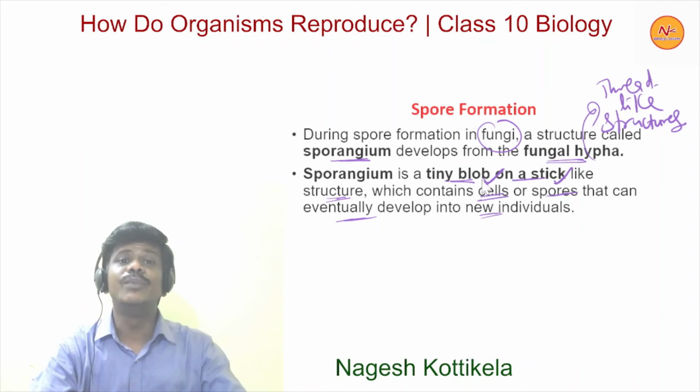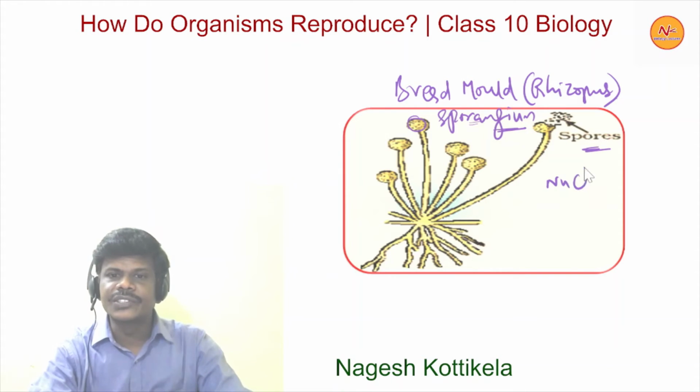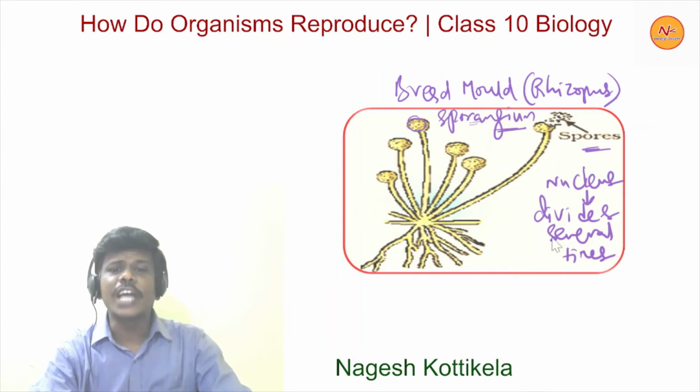Actually, what happens within the sporangium is that the nucleus undergoes division. It divides several times, and each nucleus with a bit of cytoplasm develops into a spore.